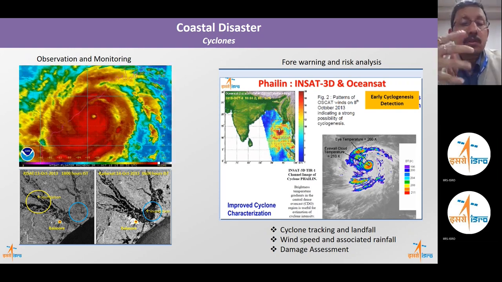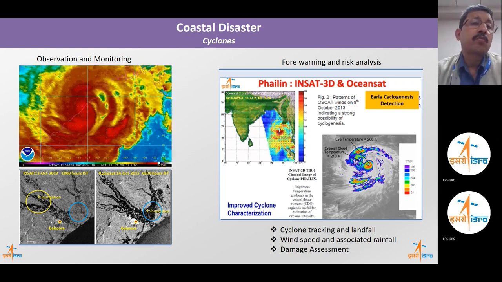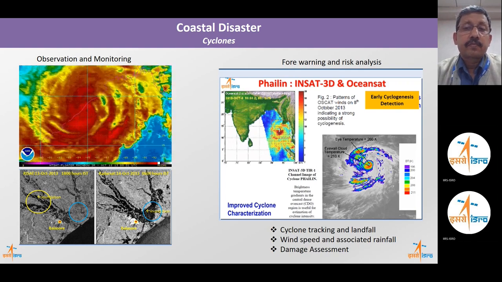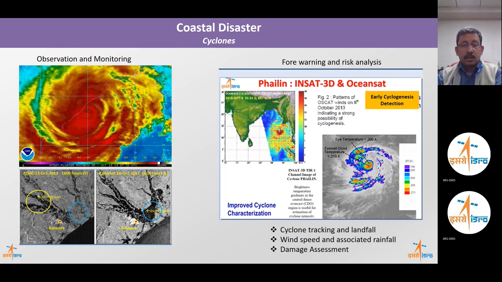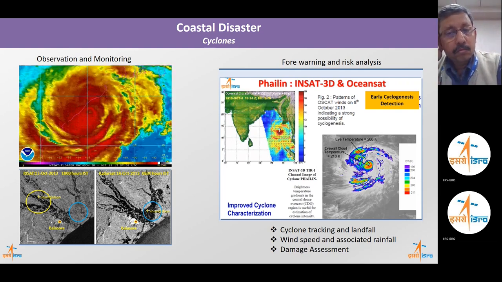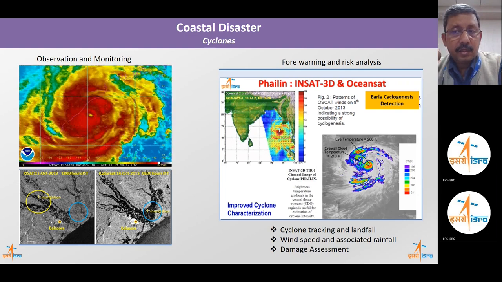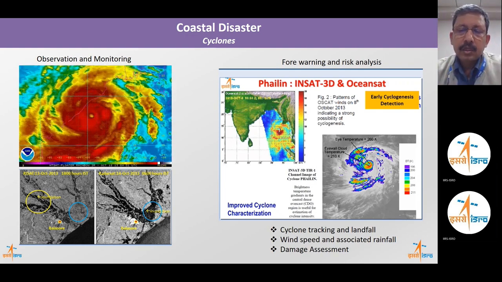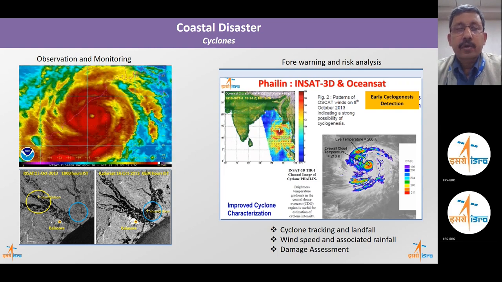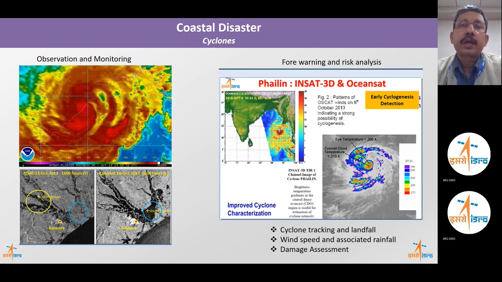So now using our Earth observation system, we are able to monitor and track the movement of the cyclones and also identify the extent of damage and inundation because of the cyclone. In fact, I'll just give an example. Using INSAT 3D and 3DR, as well as OceanSat, the cyclone tracking and landfall has been very accurately modeled. Along with that, the wind speed and associated rainfall can also be estimated, and the damage assessment as a result.